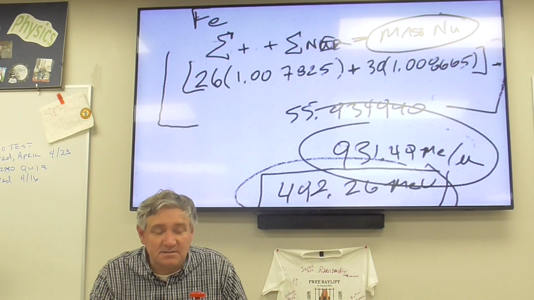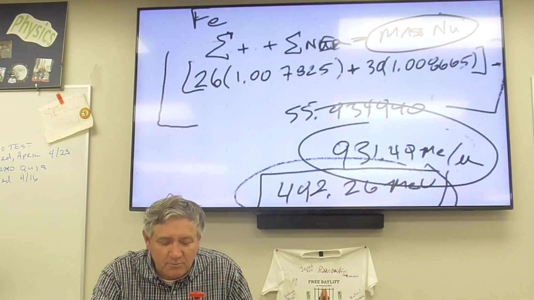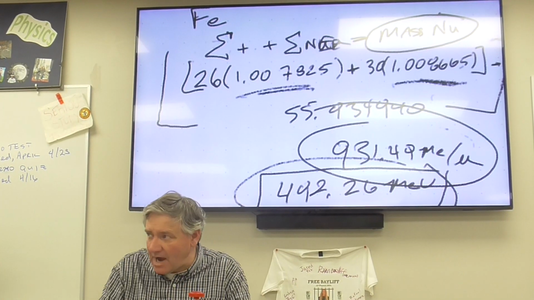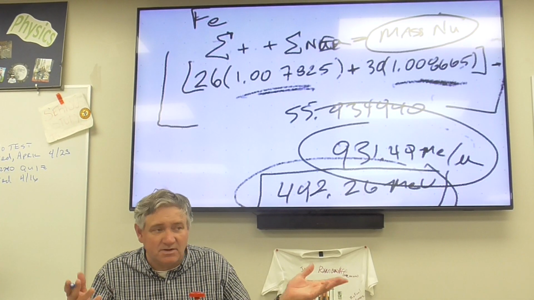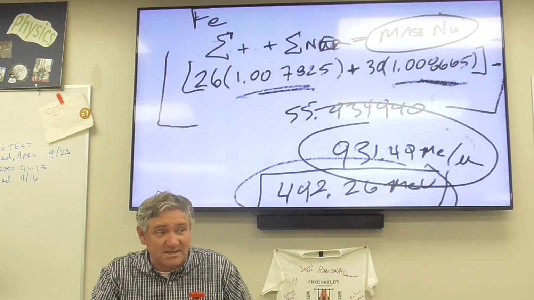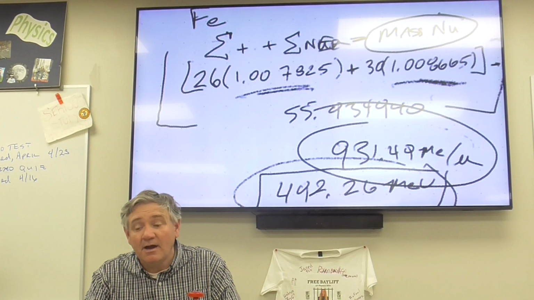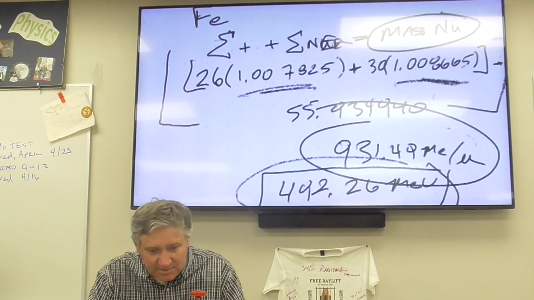And on the test on Monday, Charles, I will give you these values. You just have to know how to use them, because that's the only way you can. If you want to store them in your calculator so that you're not typing them in every time, that's what I would do, because it's just going to make life a little bit simpler.